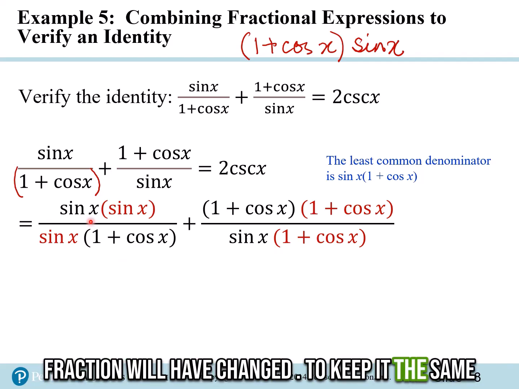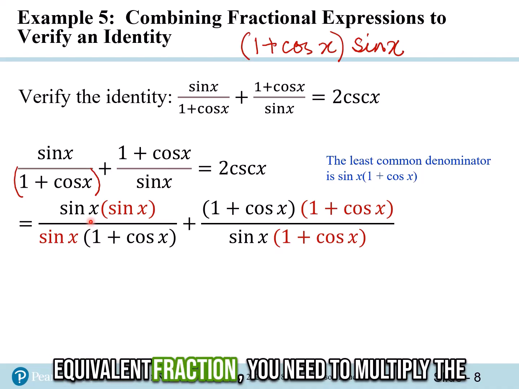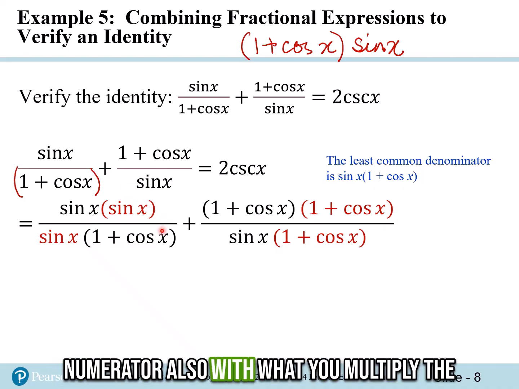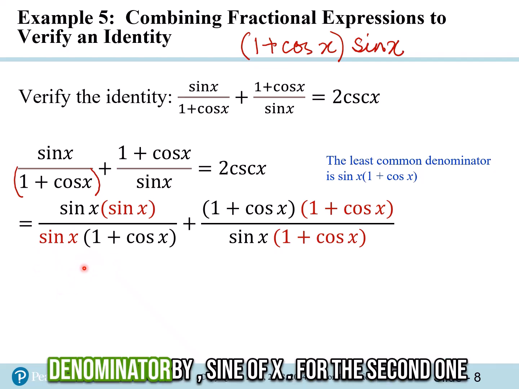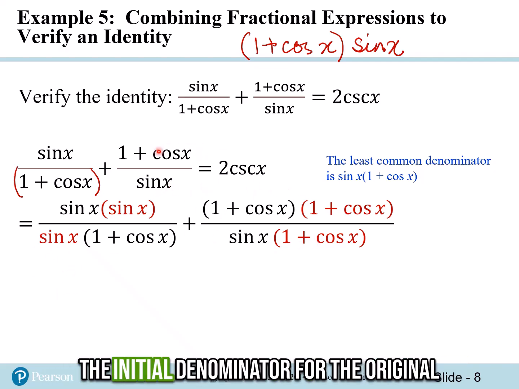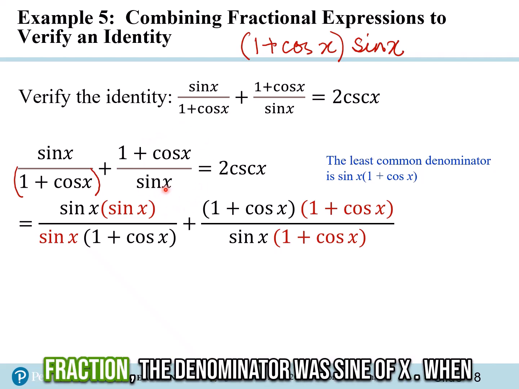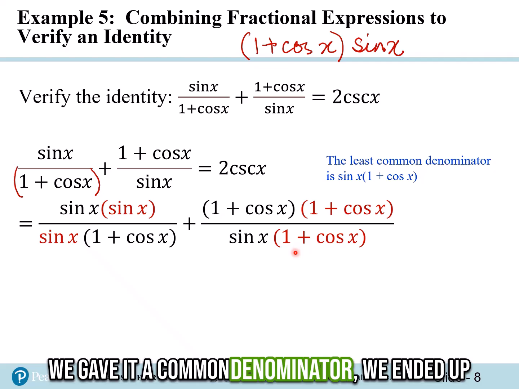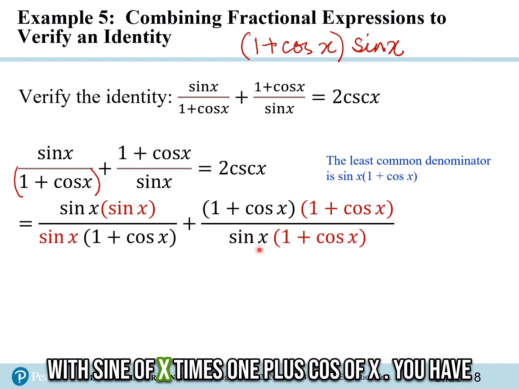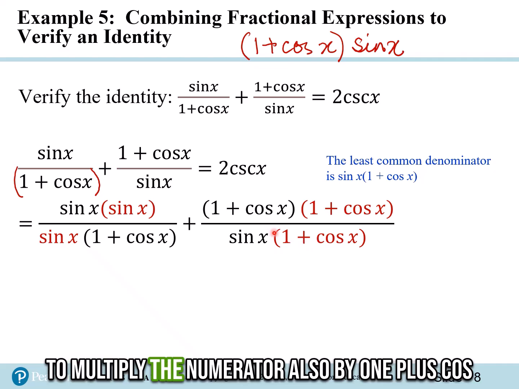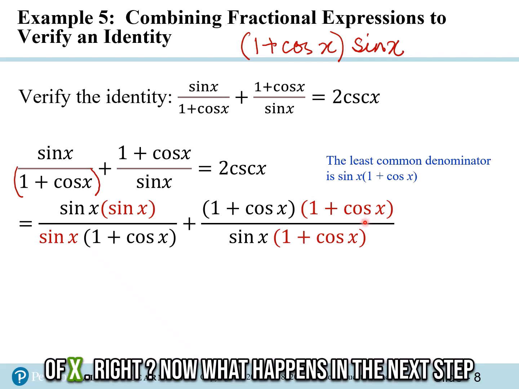To keep it an equivalent fraction, you need to multiply the numerator also with what you multiply the denominator by, sine of x. For the second one, the original denominator was sine of x. When we gave it a common denominator, we ended up with sine of x times 1 plus cos of x. You have to multiply the numerator also by 1 plus cos of x, right?